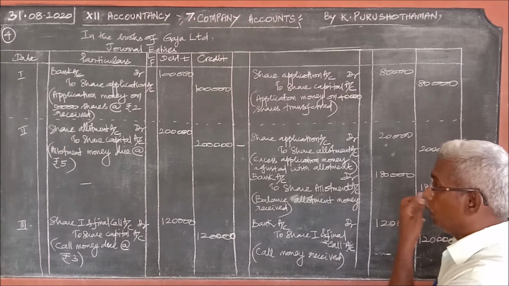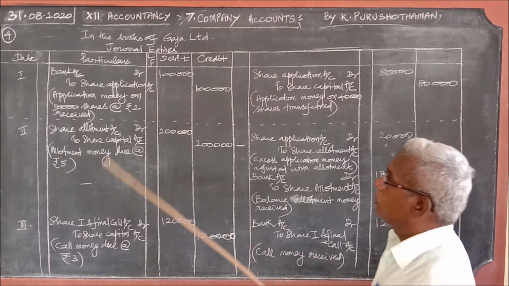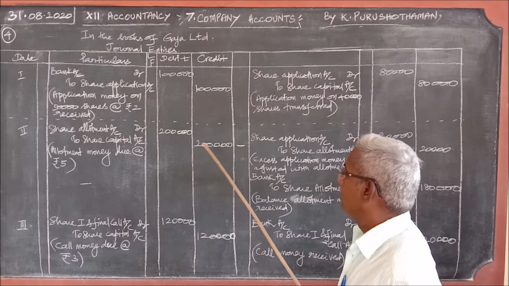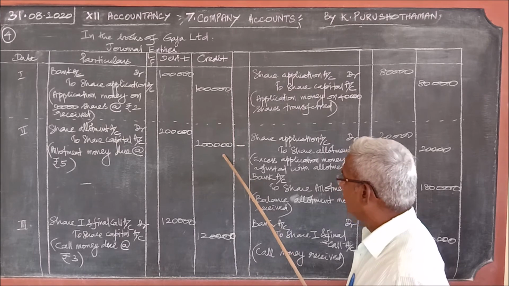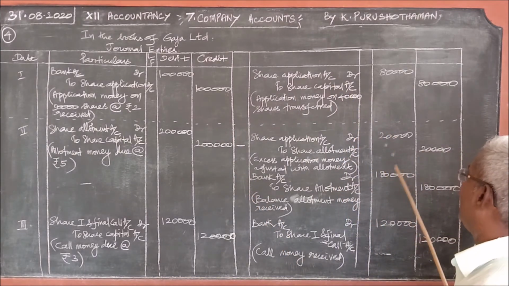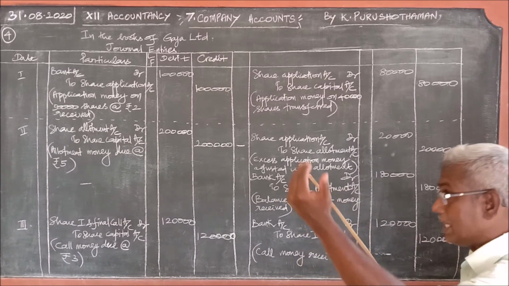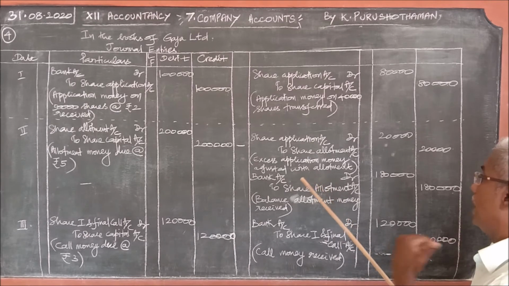At the rate of 5 per share. So 5 into 40,000, 2 lakh, the company should receive. And out of this 2 lakhs, 20,000 excess will be adjusted, and the remaining 1,80,000 only will be received from the shareholders or the applicants. You should understand.